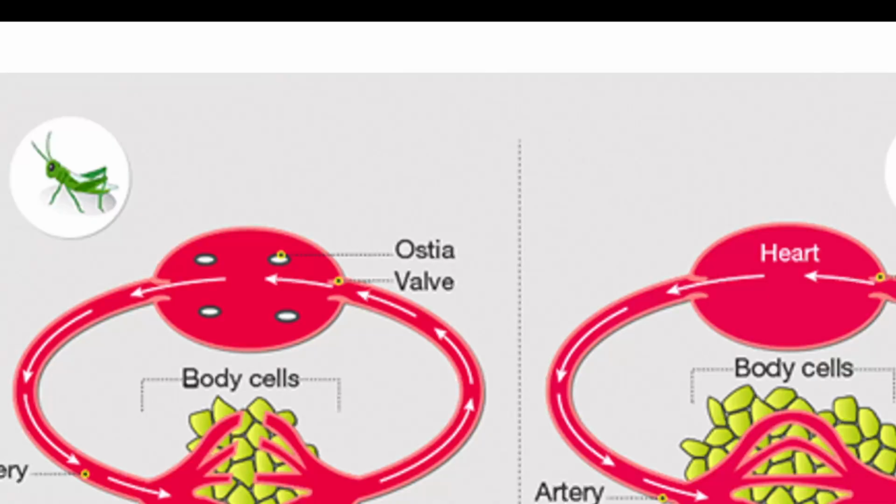So everything is open; blood is pumped into the body fluid, which is the hemocoel, and diffuses back into the circulatory system between the cells. The structure pumps the blood, which directly bathes the cells, and blood diffuses to and fro from the cells.